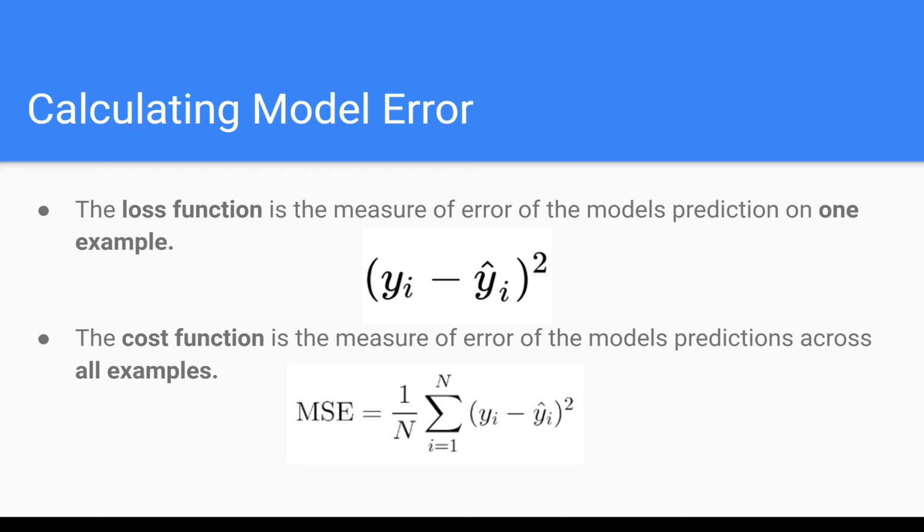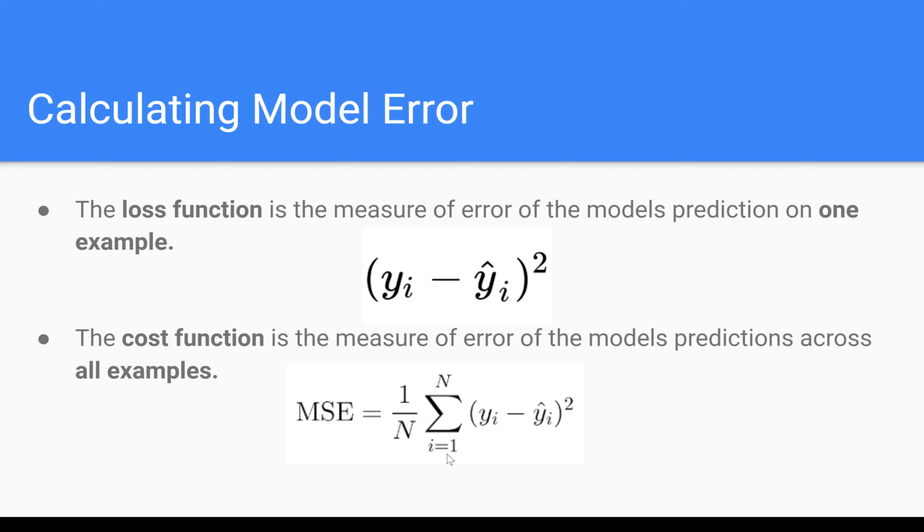The cost function is the measure of error of the model's predictions across all the examples. As you can see here, we have this y_i minus y hat squared, the difference between the actual y value and our model's prediction, squared, but we have it summed up across all examples in the data set.